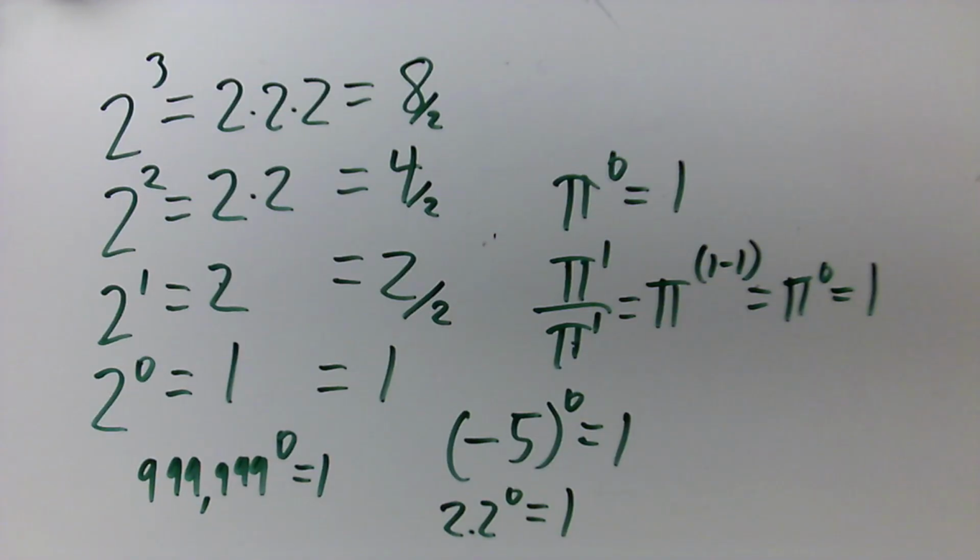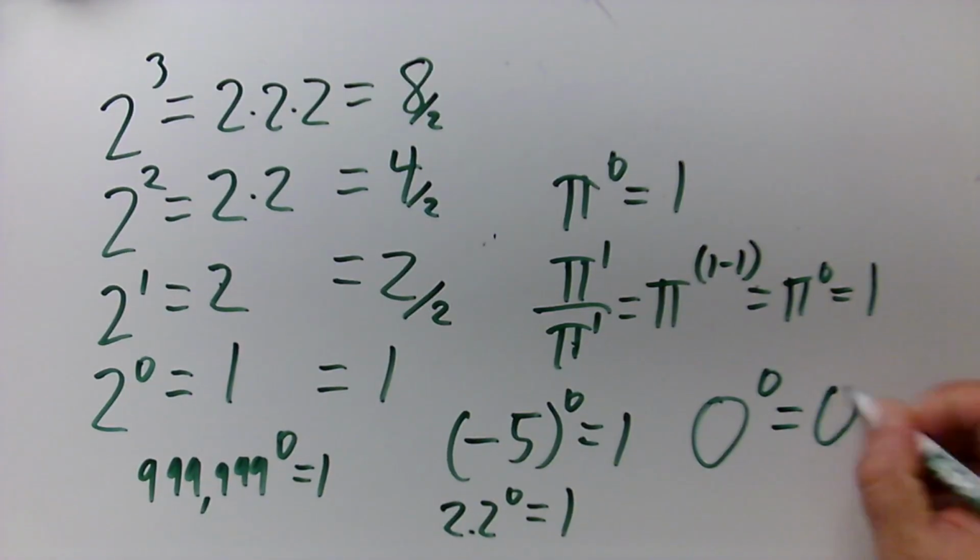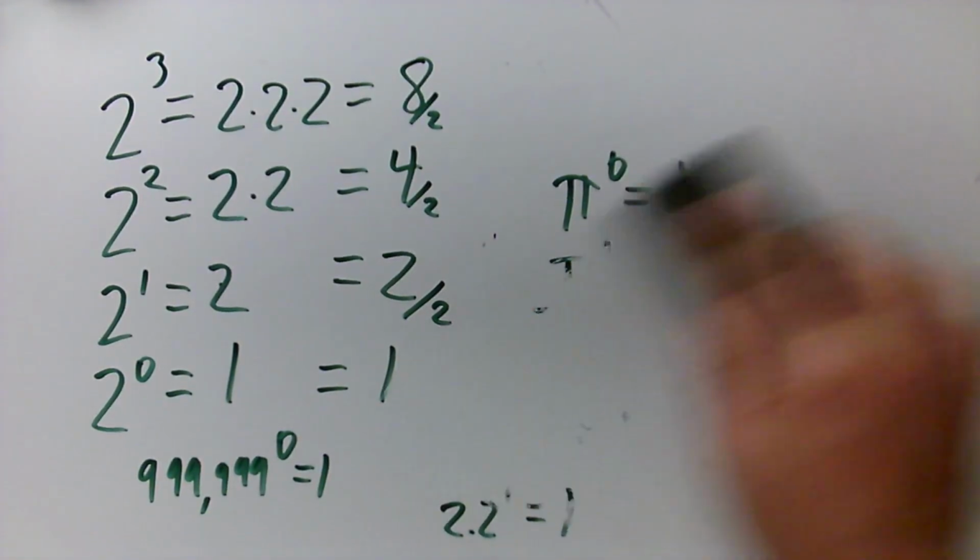And so anything to the 0 power is going to be 1, except for the one special case of 0 to the 0 power. But everything else besides 0, every non-zero number, even irrational numbers, to the 0 power, they're going to be equal to 1.